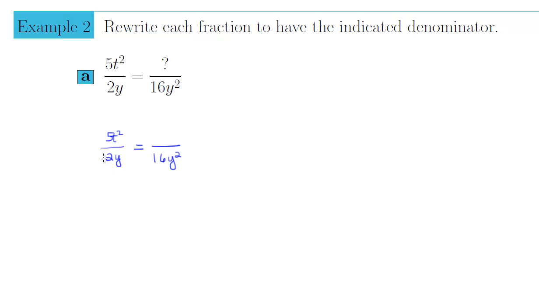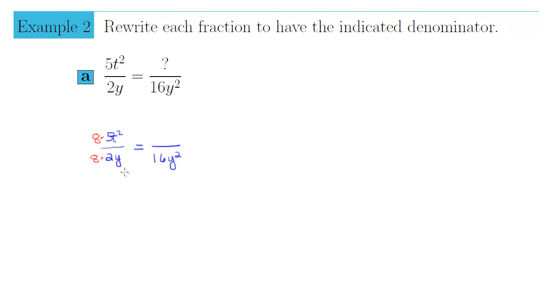What do we need to multiply by 2 to give us 16? Well, that's 8, right? 8 times 2 is 16. The rule for fractions says that whatever we multiply by in the denominator, we must also multiply by in the numerator. So that means we'll also have to multiply 8 on top.